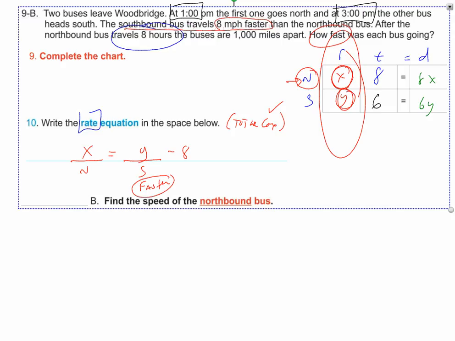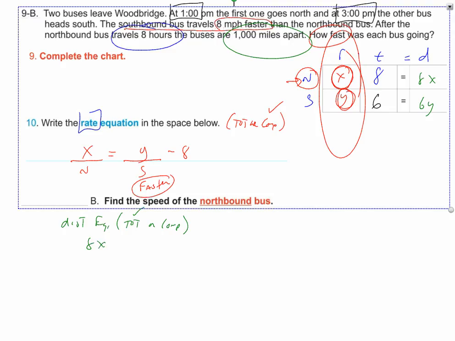All right? Got that? Every time you do them a little bit more, hopefully you'll get better and better at it. Okay, find the speed of the northbound bus. So I do now need the other equation, the distance equation. Again, I have to decide, is this a total or a comparison? I look at the problem, 1,000 miles apart, that's a total.